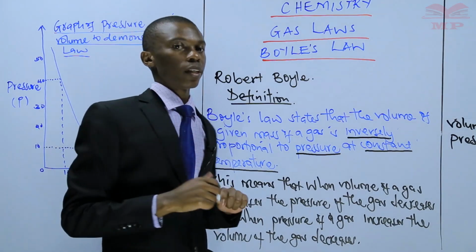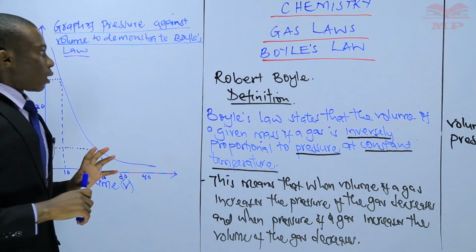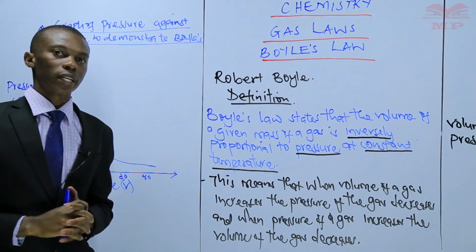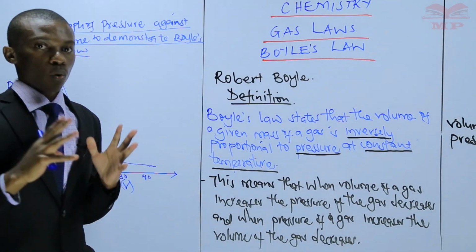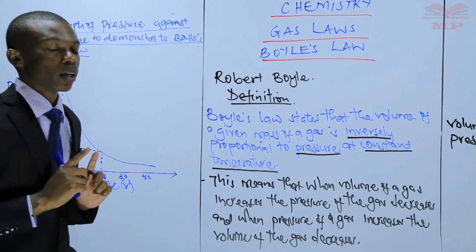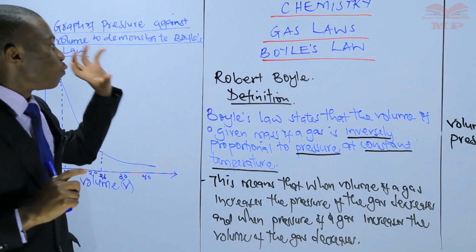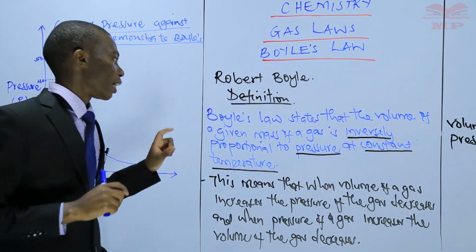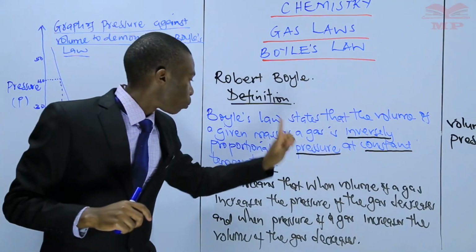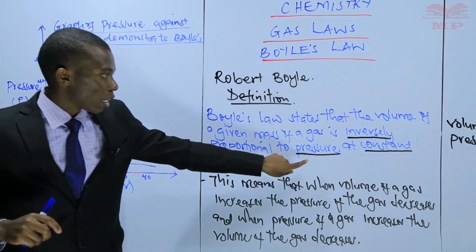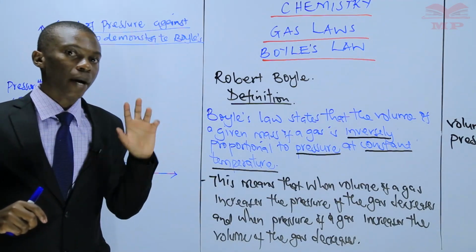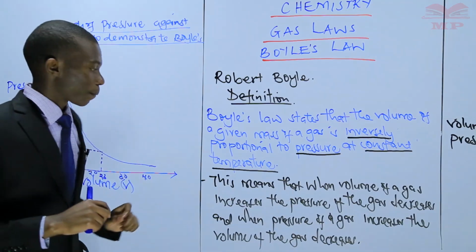But as I finish, I've said that this law was named after a scientist known as Robert Boyle. We define Boyle's law as: the volume of a given mass of a gas is inversely proportional to pressure at constant temperature. So temperature always must be constant.